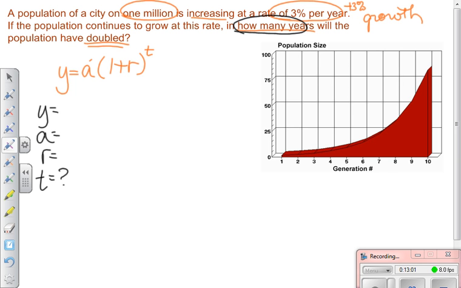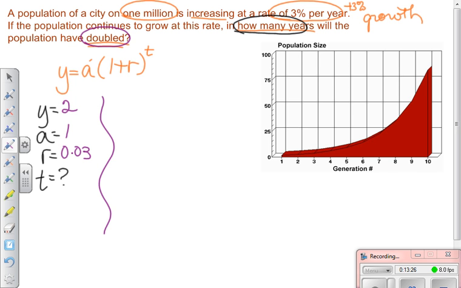r is 3%, which as a decimal is 0.03. Now, the population is 1 million. I'm not going to put all of the zeros in, so I'm just going to put 1 for 1 million, and when it doubles, it will be 2 million. I know that I've truncated those numbers when I'm doing my calculations, and as long as I'm comparing million to million, I'm good.